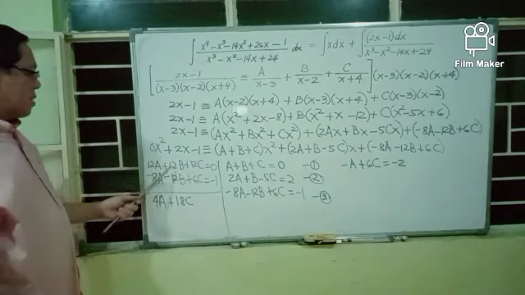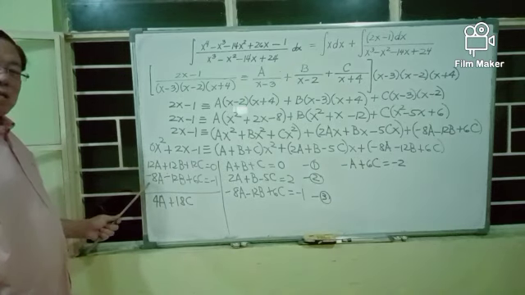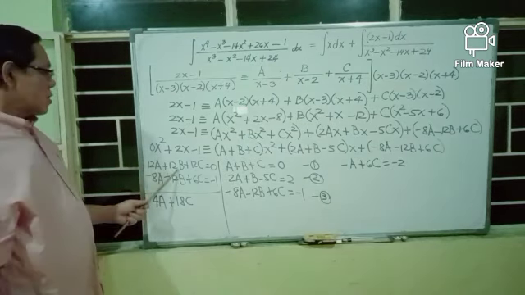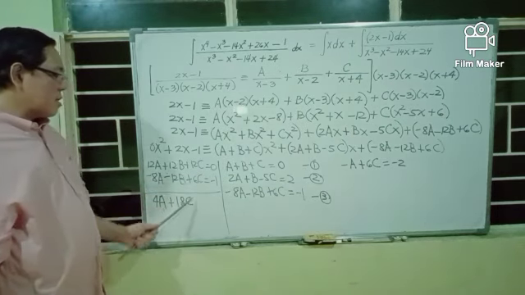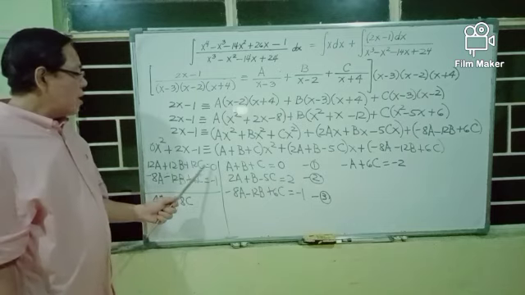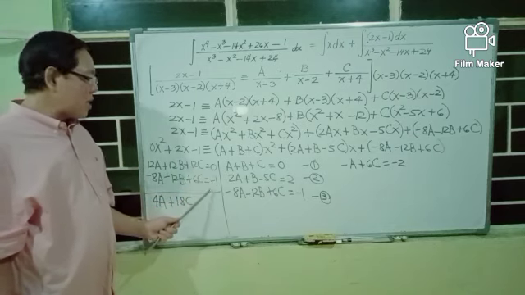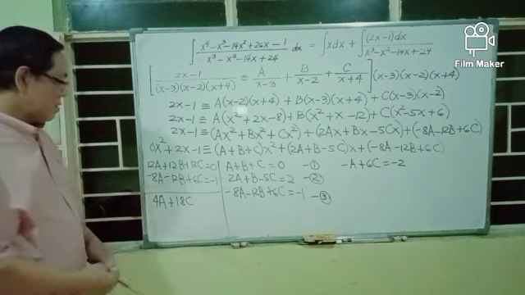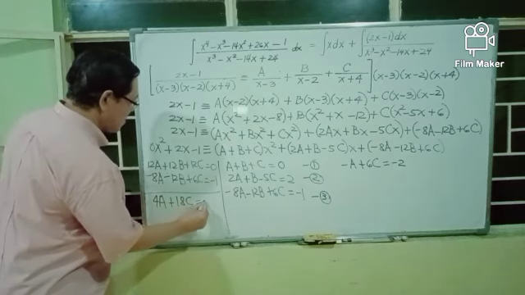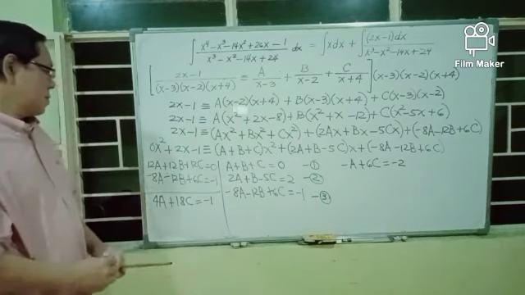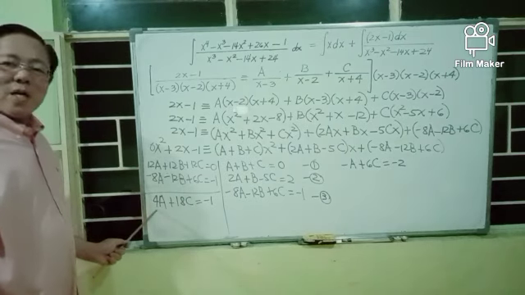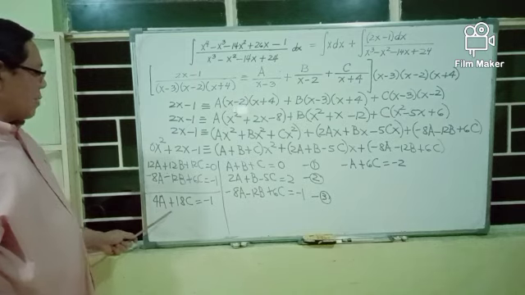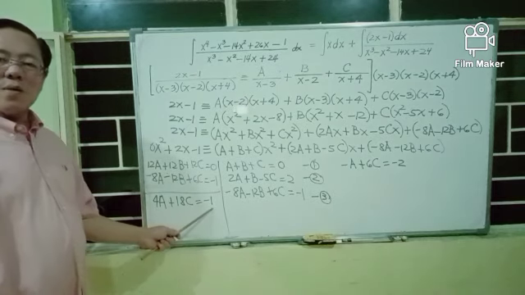We are eliminating b by addition. 12a plus negative 8a is 4a. 12b plus negative 12b is 0. 12c plus 6c is 18c. At the left hand side we have 0 plus negative 1 is negative 1. So the second equation with variables a and c, 4a plus 18c equals negative 1.